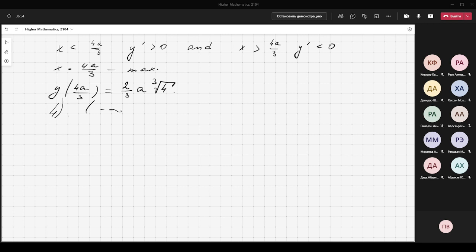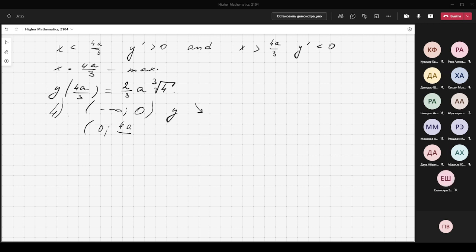For minus infinity to 0, the function decreases. From 0 to 4a over 3, the function increases.